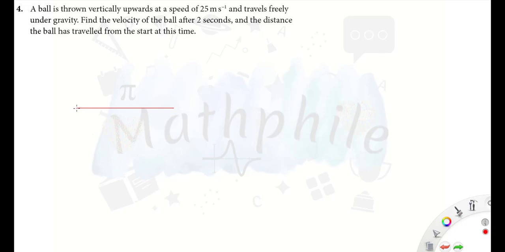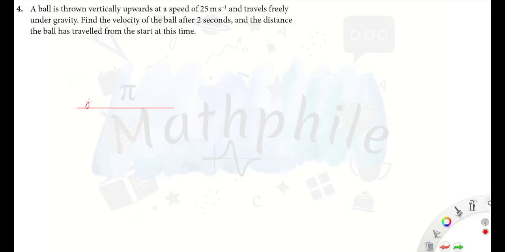If the ball was projected from above a level ground, it would be stated, like a ball is projected with a speed of, let's say, 5 meters per second from 1.8 meters above the ground. Those kinds of things will be stated for you. But if nothing is stated, then we take it that it's projected from a level ground.